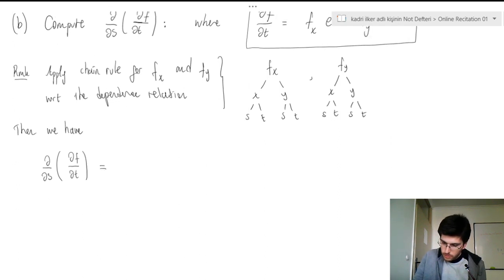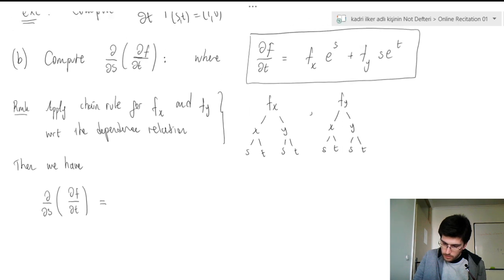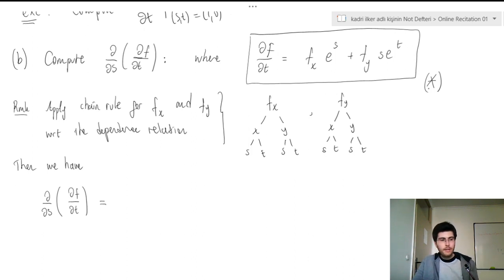But of course, we have this observation star, right? And then somehow we should apply product rule and chain rule at the same time.